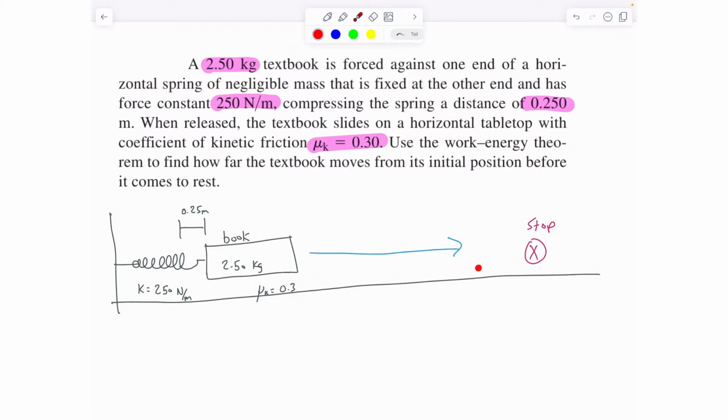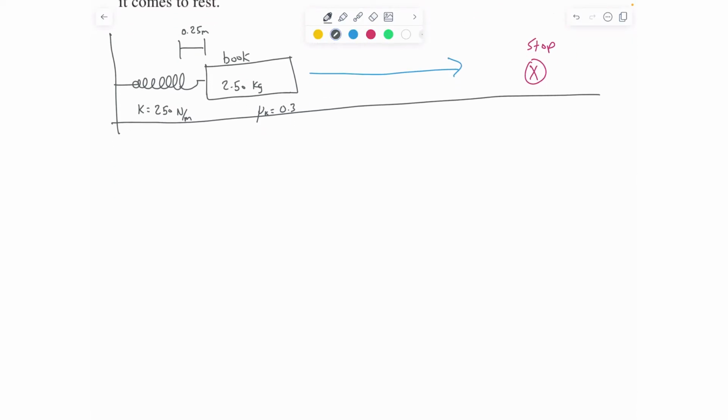Okay, so what we can do is maybe some graphs. A good one is force versus x, or displacement. Where 0 meters means where the book is right now, in its compressed state, right before we release it.